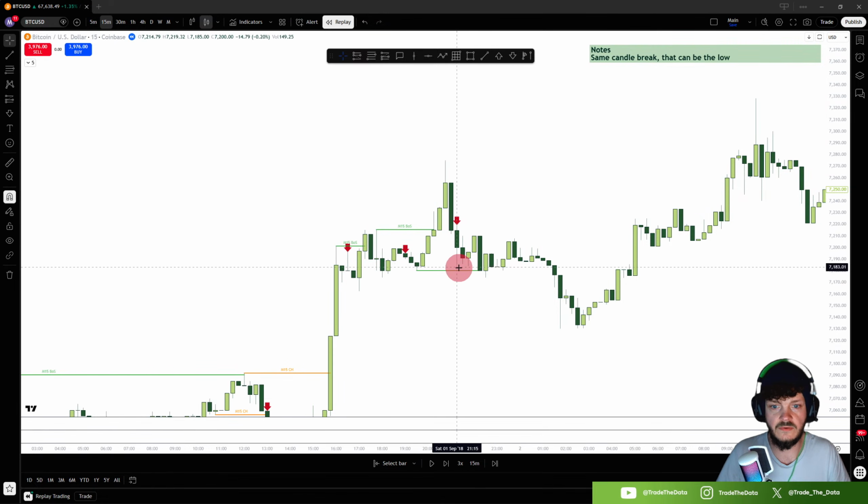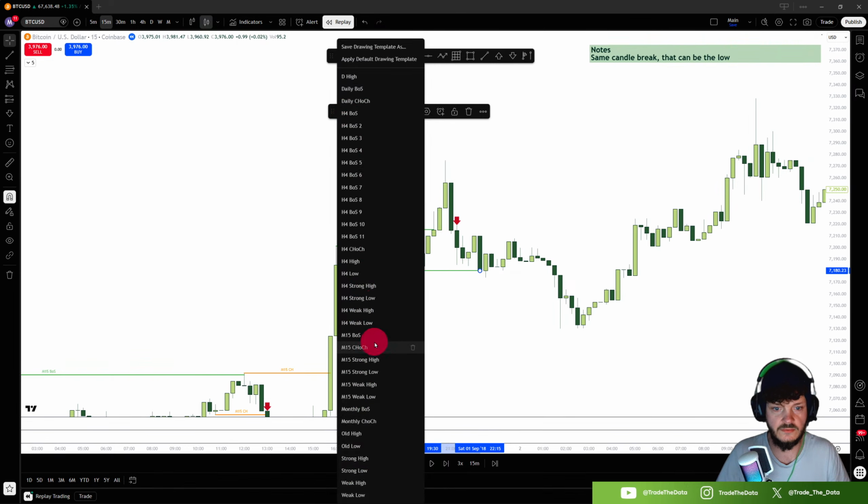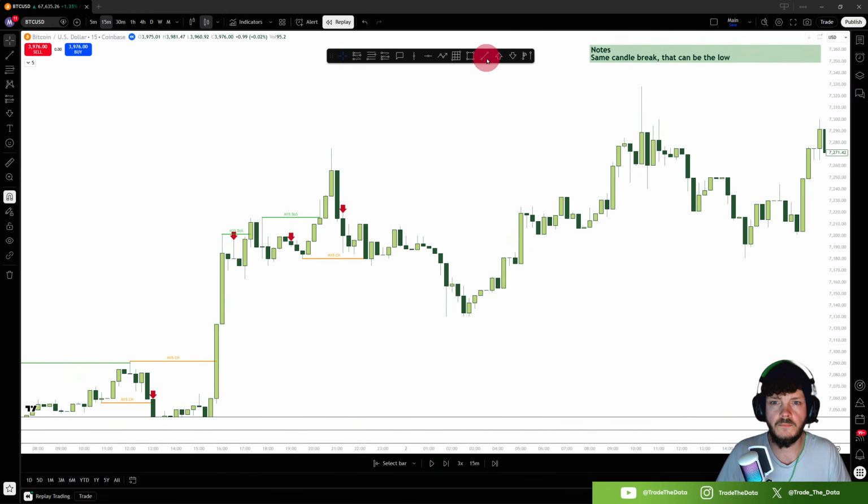That went lower, that definitely hit, so we're now chocked. 2 up candles. I would look here, it doesn't really matter, the next candle was there before it went down. That's the high, that's the low. There we go.